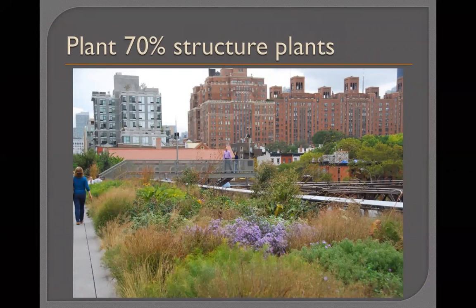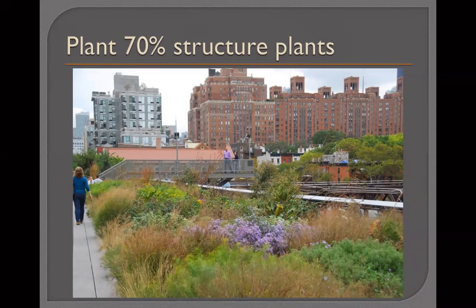They look good throughout the whole growing season, add color and texture, and they anchor the whole planting. And then incorporating 30% of these aesthetic plants, these pops of color, such as coneflowers, for instance, like a colorful red or pink coneflower.